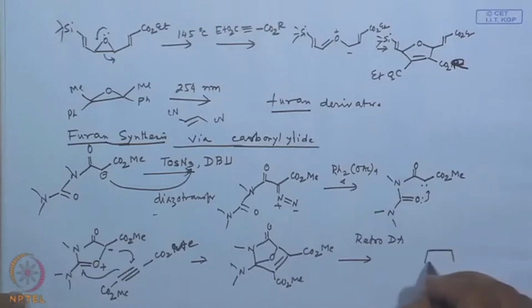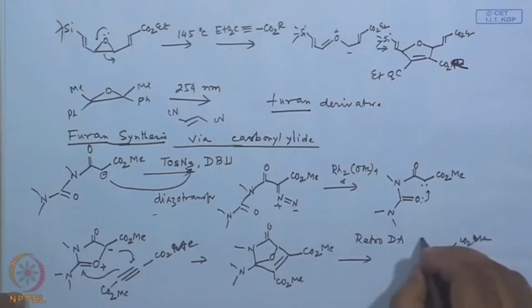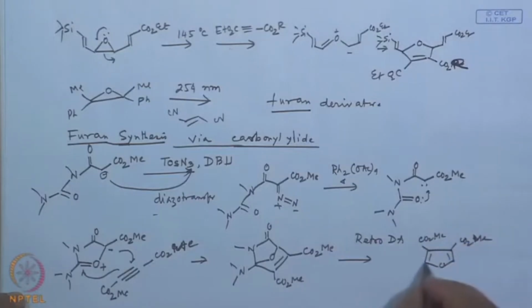Product would be a furan derivative with the 2 ester groups here at 3 and 4 positions, and the 2 position is occupied by dimethyl amino group.